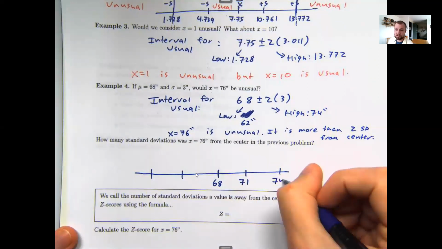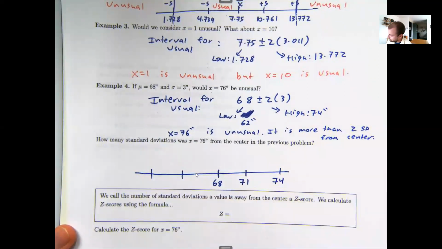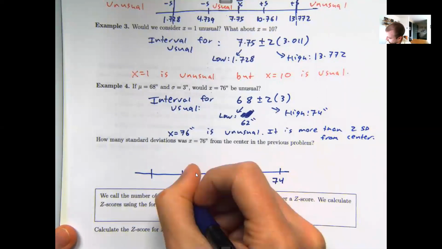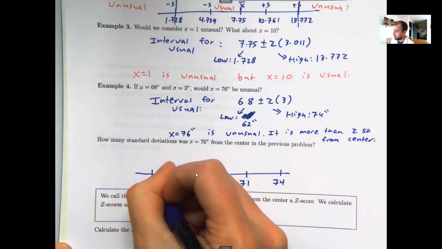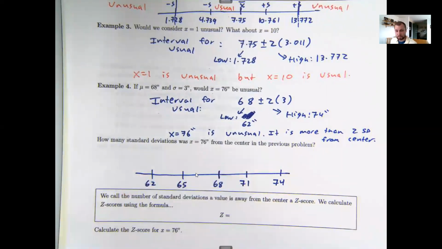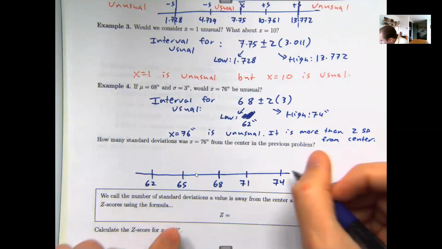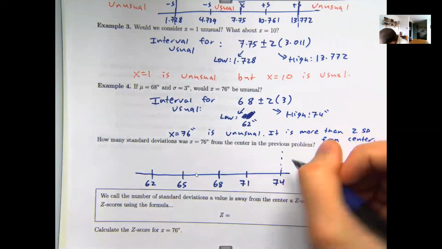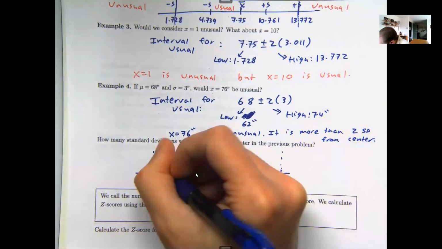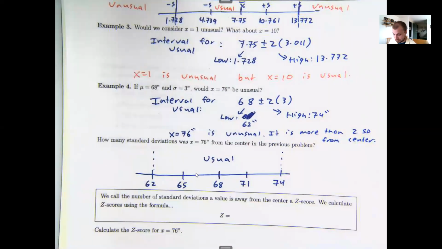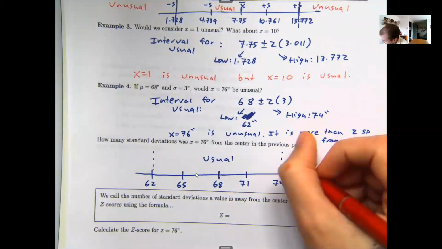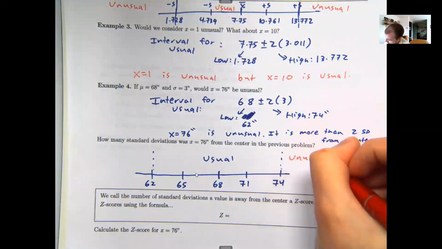That's where that high value is coming from. 68 take away 3 gives me 65. Take away 3 again, I have 62 as the low. Now, anything inside of this area is considered to be usual, and anything outside of it is unusual.